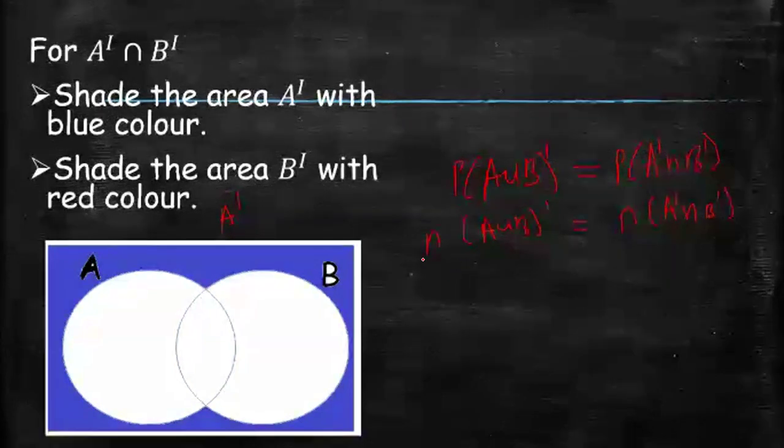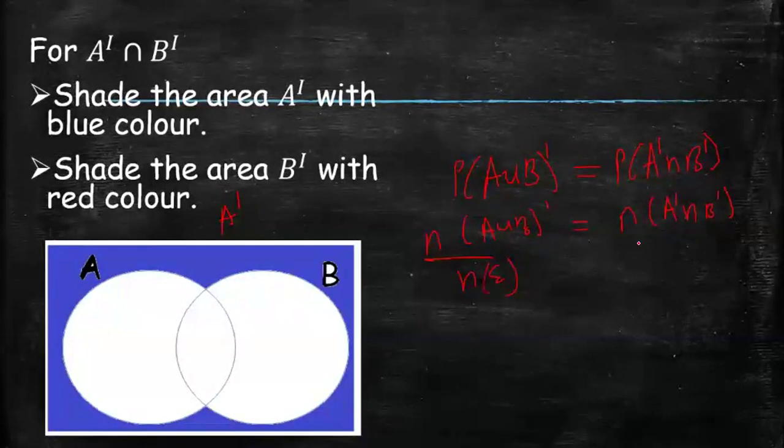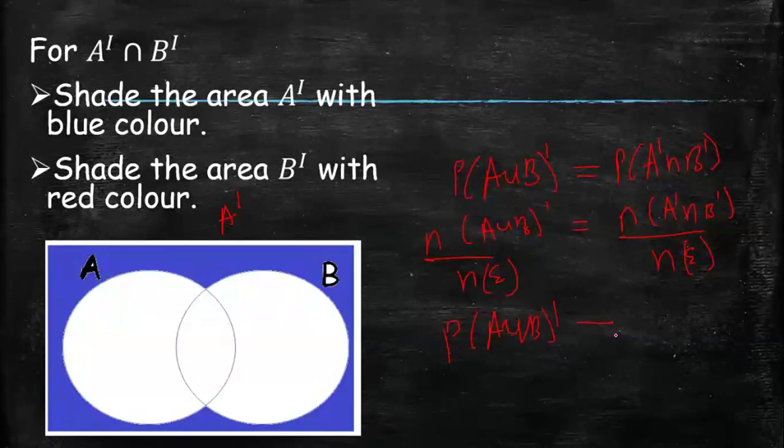So what we do here, like we have done previously, is to divide by the number of the universal, and as well here to also divide by the number of the universal. This will generate for us probability of A union B complement equaling probability of A complement intersection B complement. So that is how we come up with that third rule.